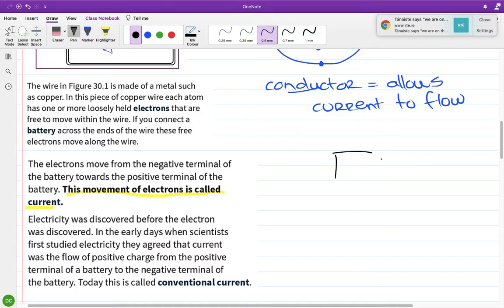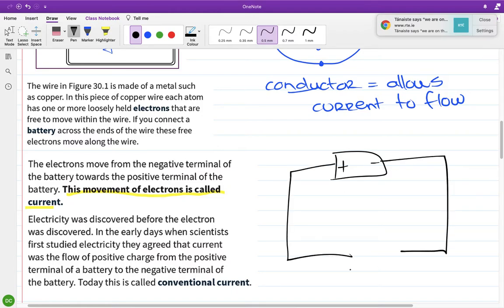Okay, so you have your battery here, which is positive and negative, and then these scientists put a wire like this, and they put in, let's say, a bulb. And then in here, they put in a little piece of metal. Okay, something like that.